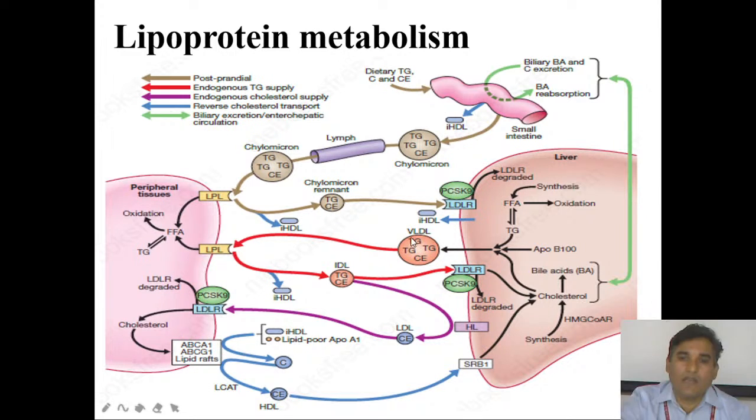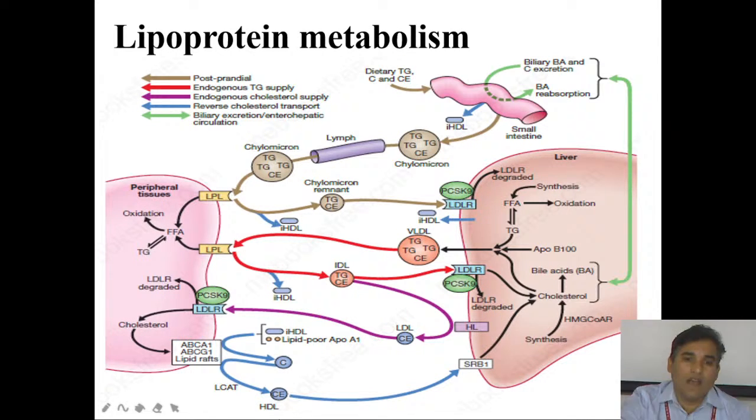VLDL is the type of lipid, cholesterol, which is continuously secreted by the liver, and when this VLDL comes into the systemic circulation, it is further metabolized by lipoprotein lipase and gets converted into IDL. This IDL is transported into the liver by the LDL receptor, or it gets further converted into LDL, which acts on the peripheral tissue and may restore or may produce some adverse effect.